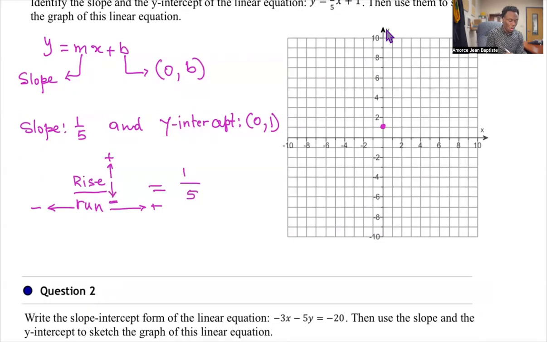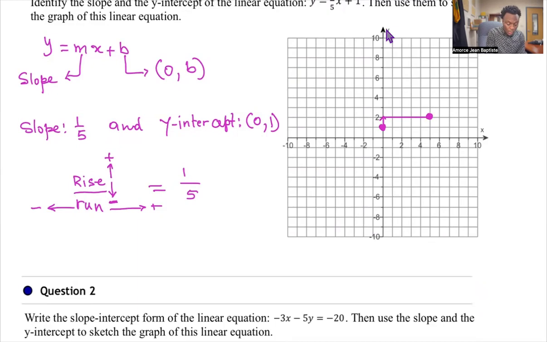So that means we go up 1, and then we go 5 right. And that gives me my ordered pairs, that I can connect if I want.